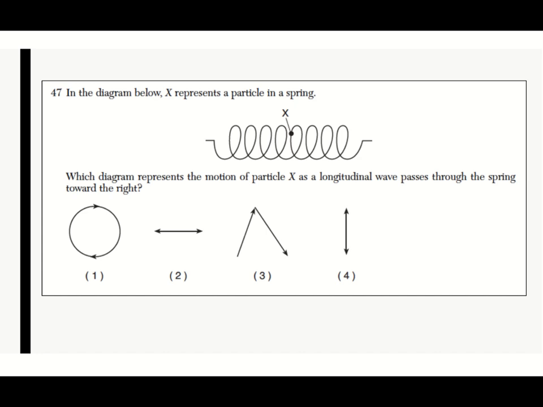Number 47, we have a slinky spring, and X is a particle in the spring. We have a longitudinal wave passing through the spring toward the right. Longitudinal means the particles vibrate parallel to the direction of motion.